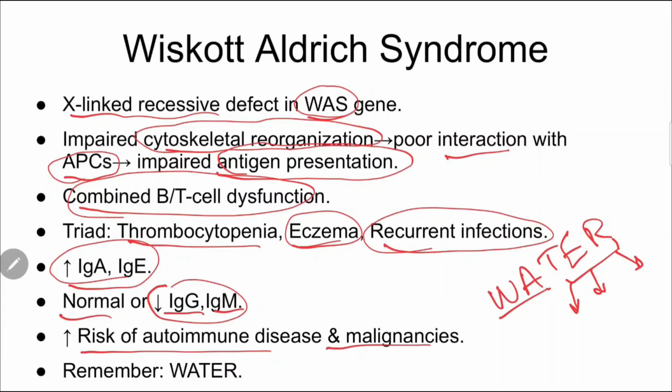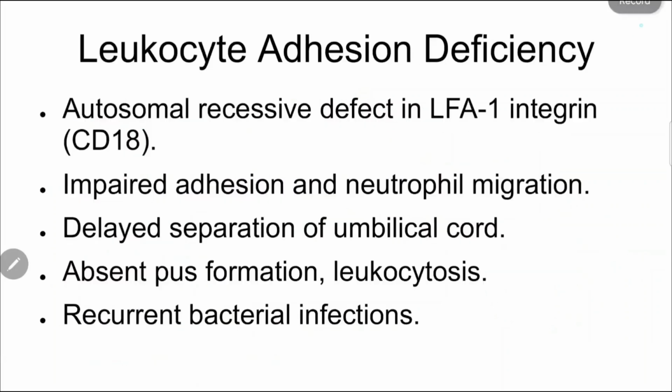And one more point, you know that IgA and IgE are the only ones that are high, and water contains A and E. So these are the only ones that are going to be increased in levels, IgA and IgE. This is a very easy way to remember the whole disorder. So just remember water.